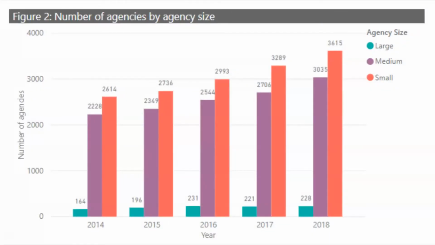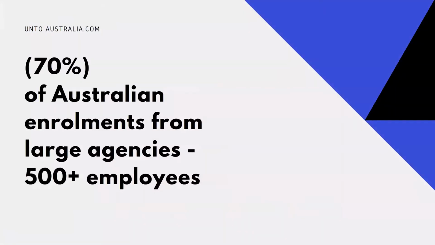And you can see here that 3,000 are considered small, 3,000 are considered medium, and 200 are considered large. And 70% of the enrollments came from large agencies, that is, agencies with 500 plus employees.